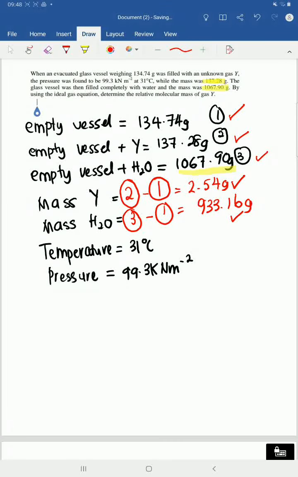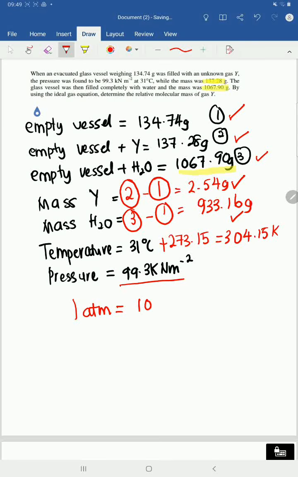The temperature given is 31 degrees Celsius, so we need to convert it to Kelvin by adding 273.15. Press your calculator, and you will get the temperature as 304.15 Kelvin. Your pressure is in kilonewton per meter square, where 1 atm is equivalent to 101.325 kilonewton per meter square.